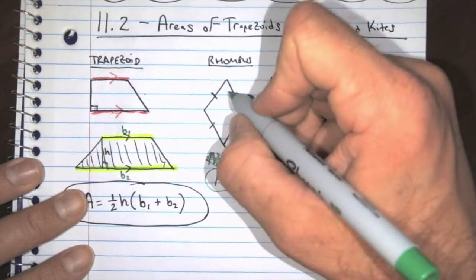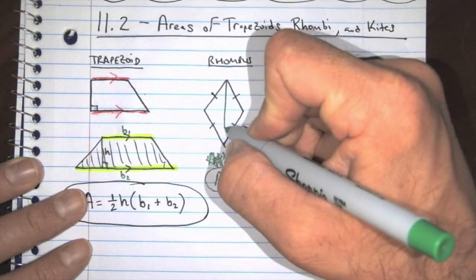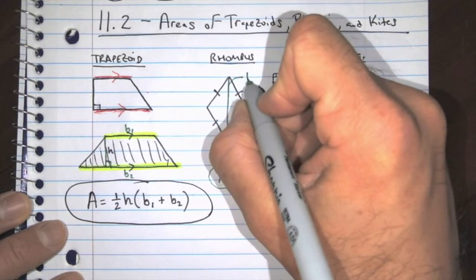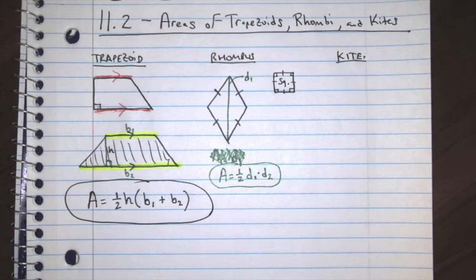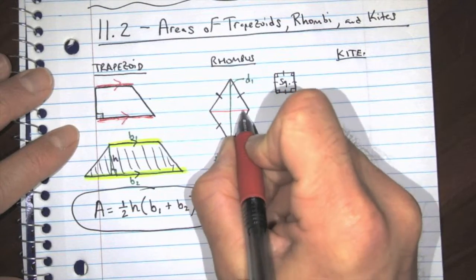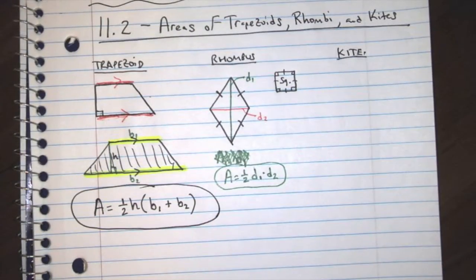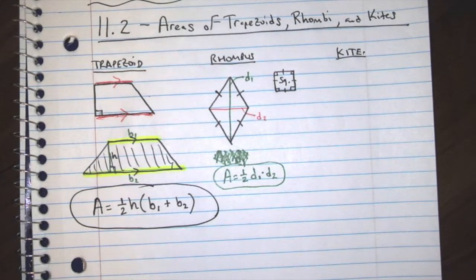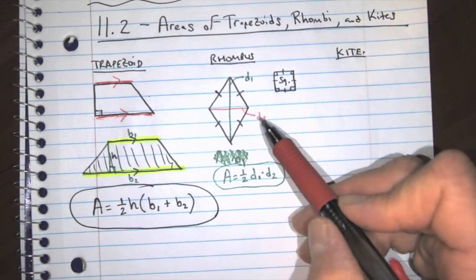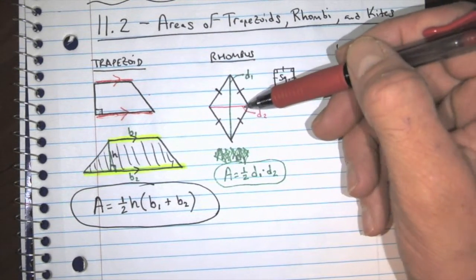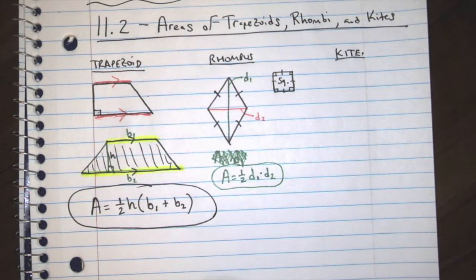So on this picture right above, could you draw the first diagonal from top to bottom? It's called the diagonal. I'm just going to bring a line out and say that's d1. And then let's go red. Christmas colors, everybody. Here's your other diagonal, d2. So multiply the two diagonals together, take half of that, and bam, you got your area. Once again, it doesn't matter which one's which. This could be d2 and this could be d1. Just 1/2 d1 times d2.